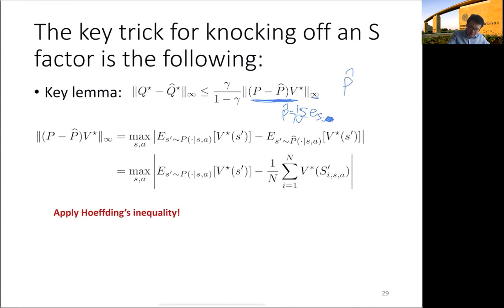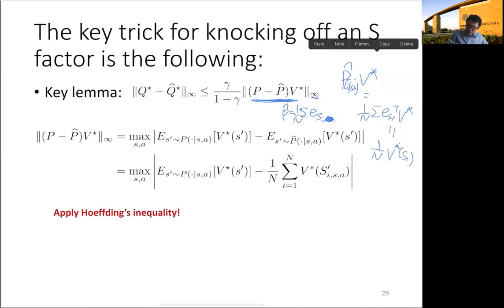So P hat, one of the coordinates, multiplied with V star is an inner product. This is simply 1 over n times the sum of e_{S_i} transpose V star, which is the same as just evaluating V star at S_i.